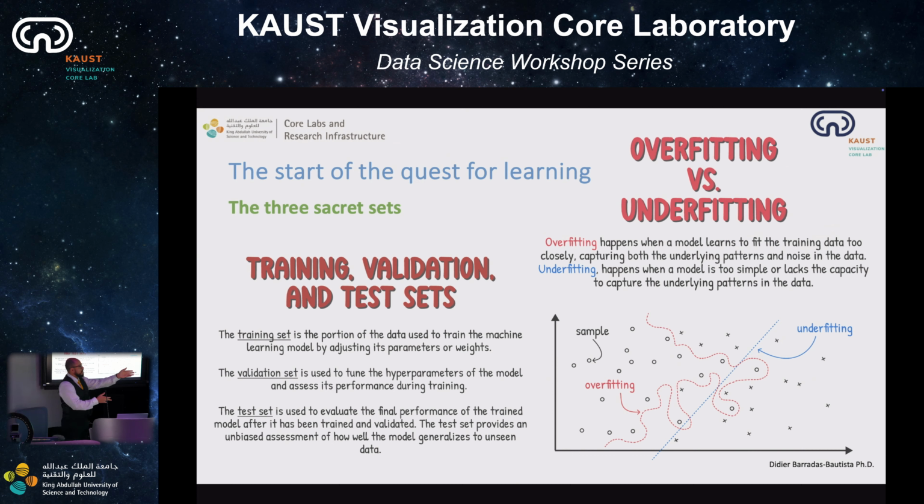But let's focus on this plot. In this plot, you can see you have samples that are circles and X's. Then you have a computer program. You train this program and you say, okay, give me the best way to divide these two things that I have there. Two things can happen, and that will happen to you too at some point.